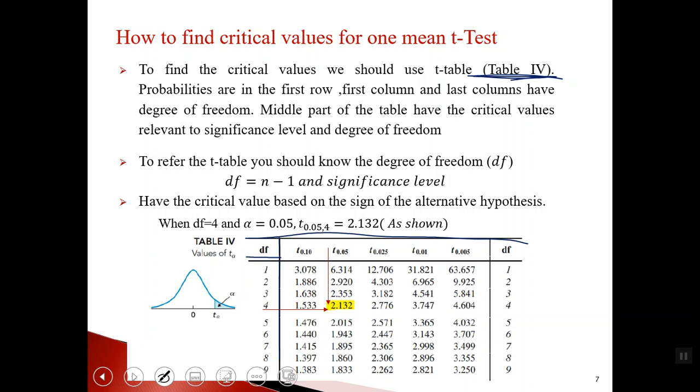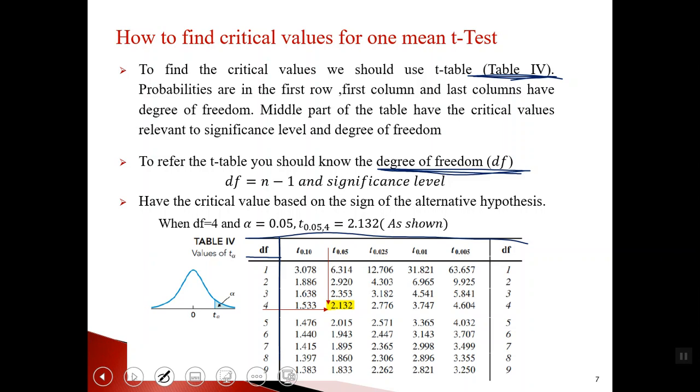That DF means degrees of freedom. How do we calculate this degrees of freedom? Always remember that, always n minus 1. n means the number of observations you have.